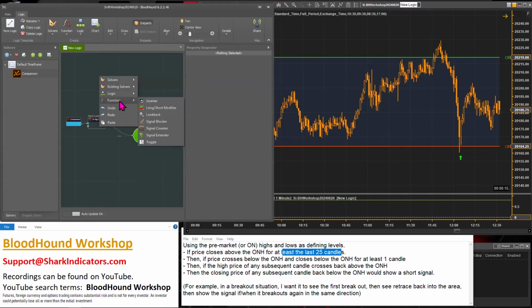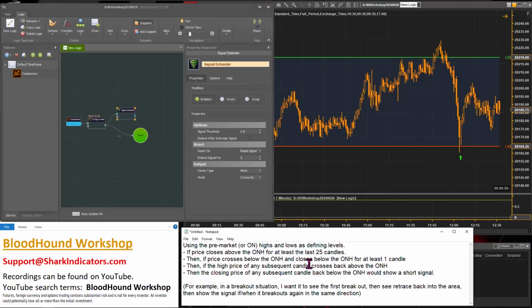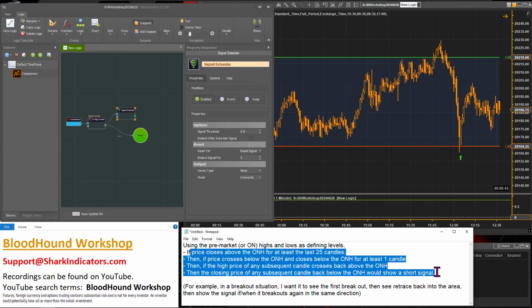And there we go, function nodes. So we could use a signal extender, or we could use a toggle node. And again, I don't think this really matters here, but I'm going to go with the signal extender simply because what I think, what's not written here but what's most common, is that these rules are probably only valid until the end of the RTH, right?